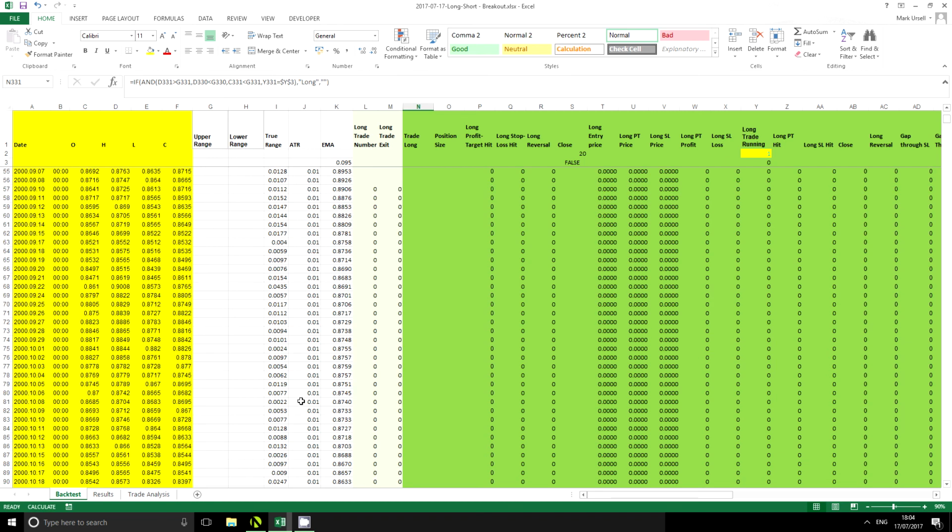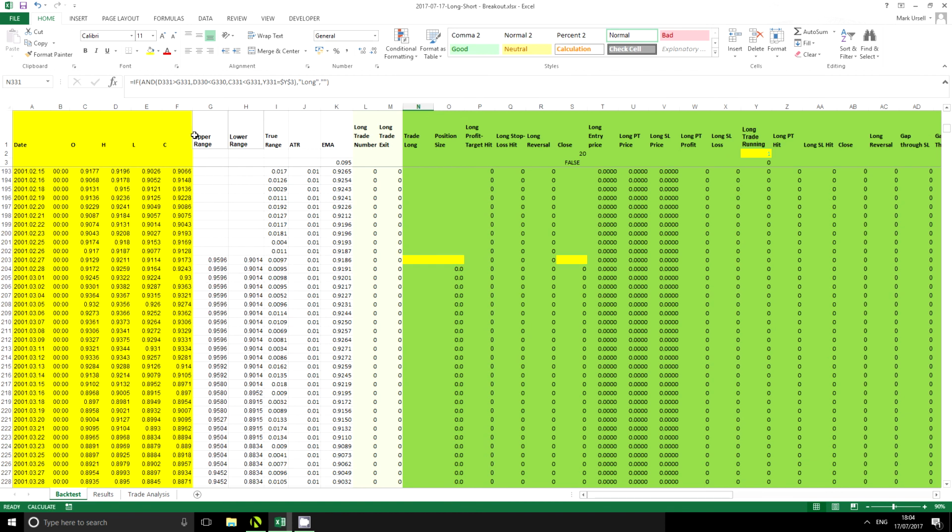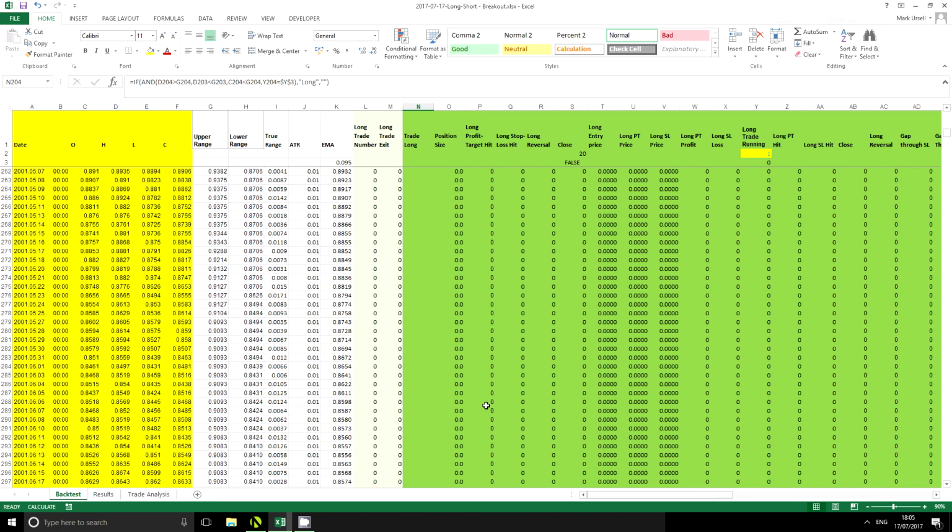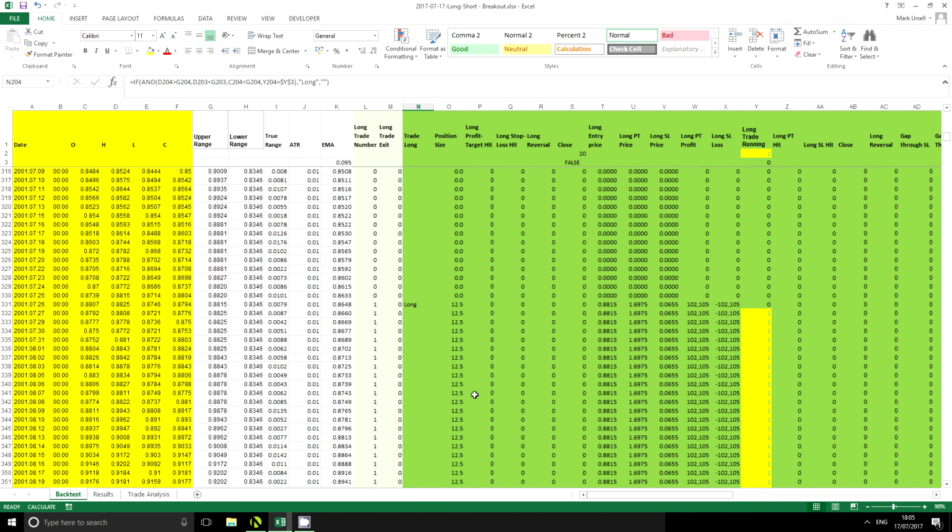Now the model has been set up, as I said, for a breakout here, and we've got our upper range and our lower range exactly the same as shown on the chart earlier. We've got the average true range and an exponential moving average, and then if I scroll down a little bit further, we can find a breakout trade and see what it looks like.